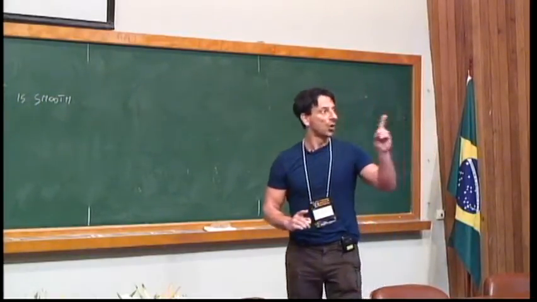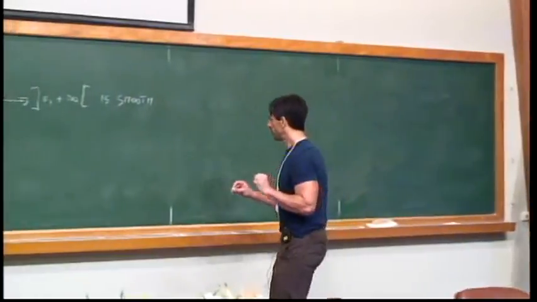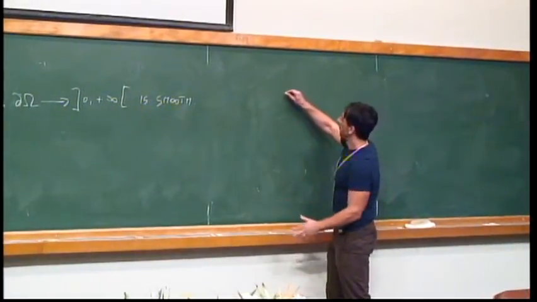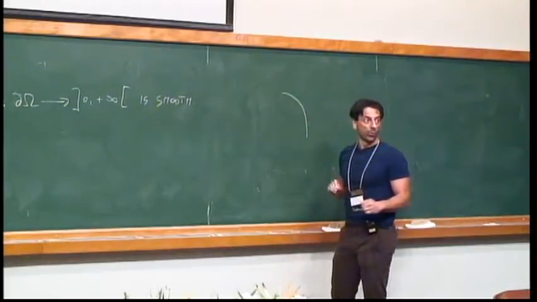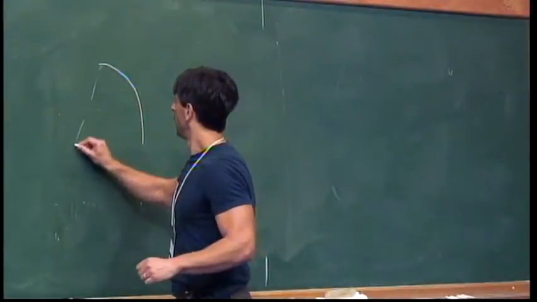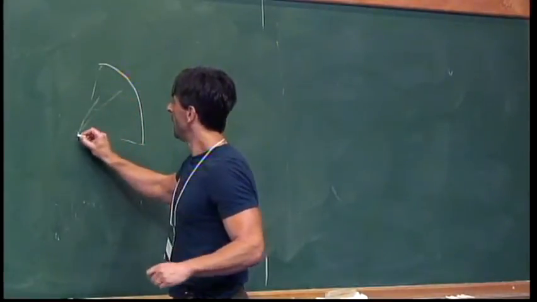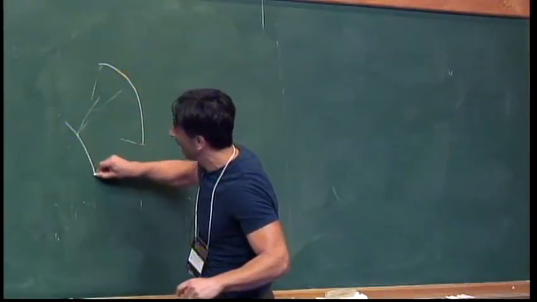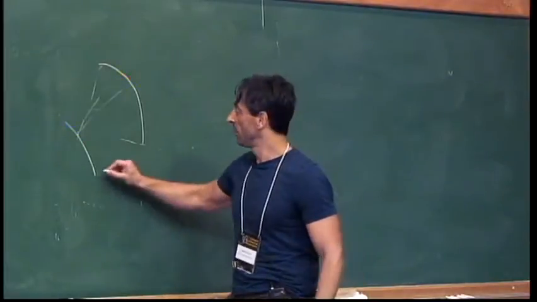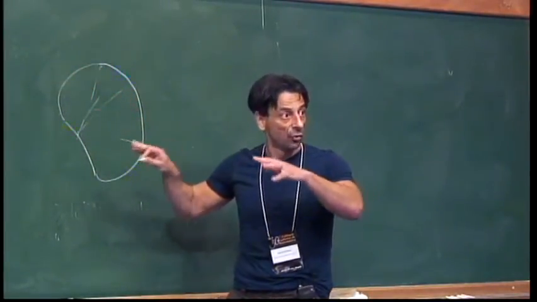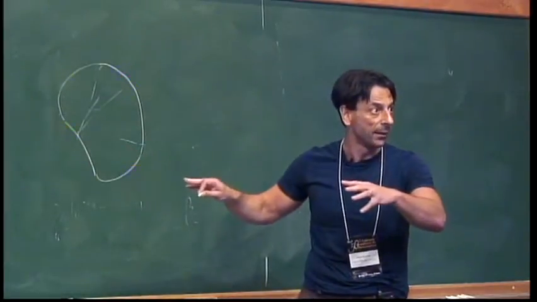Let me tell you what could go wrong. Suppose, let me give you this example. Suppose that the boundary has a circular portion. So this is the center of this circle. And suppose that another piece of the boundary passes here. So you have something of this type. This is a two-dimensional example in the plane.